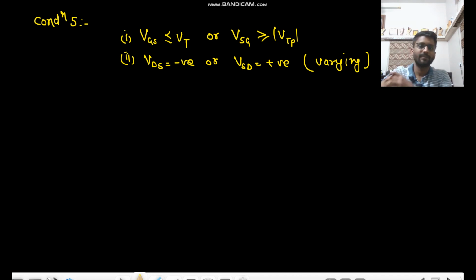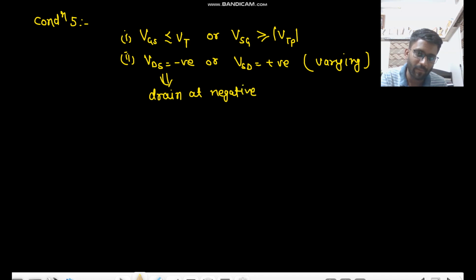Now we are increasing the VSD value, or decreasing the VDS value. That means if VDS is negative, the drain is at negative potential.